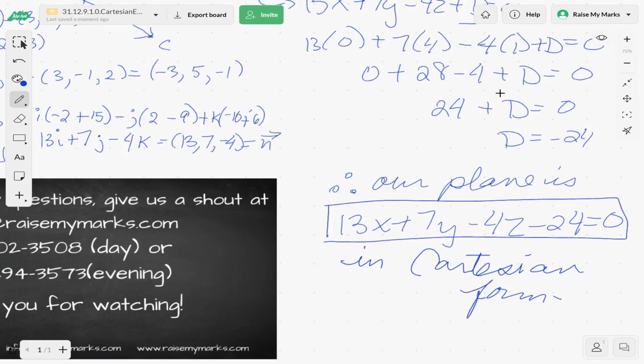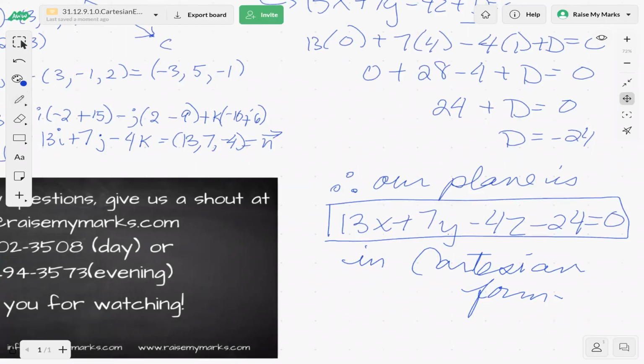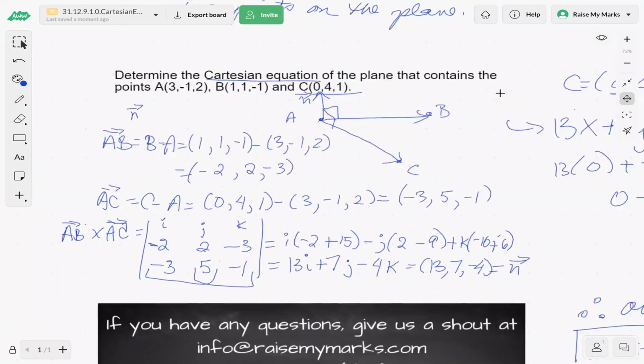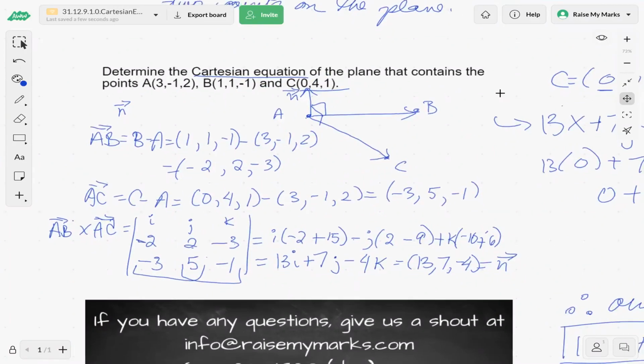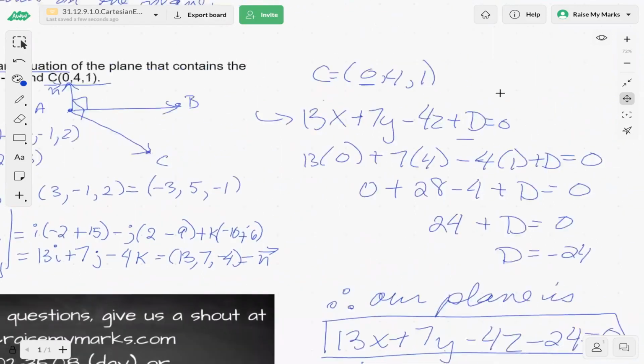So that's the Cartesian equation form of our plane. So what did we have to do? We had to take the cross product of two vectors to get our normal to our plane. Then all we have to do is plug into our Cartesian form of the equation of a plane, and finally plug in a point on that plane to get our constant d.